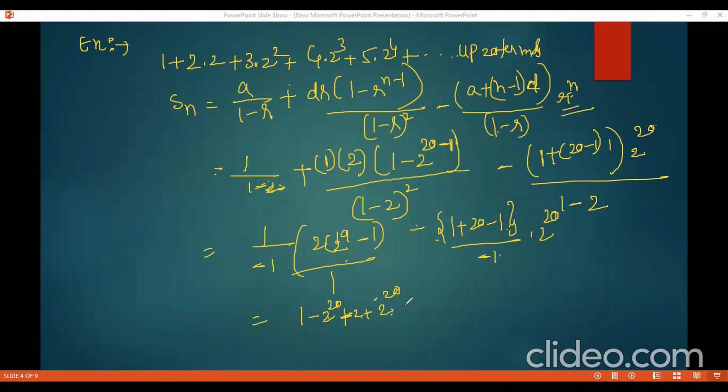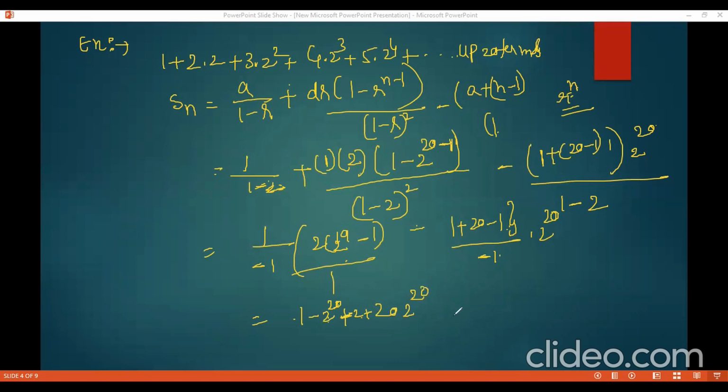Next, how much did we get? 1 minus 2 to the power of 20 plus 2. 20 also there, no? Here, 20 into 2 to the power of 20. 20 times 2 to the power of 20.